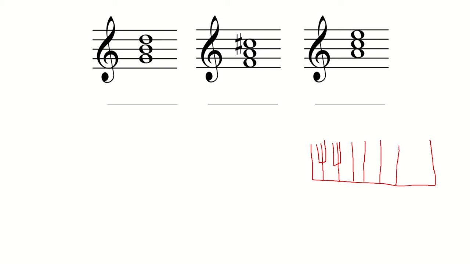From the previous questions, you should already have scribbled out on your paper a keyboard. If I just fill this in quickly, start off with our C, D, E. You won't have to redraw this every question.